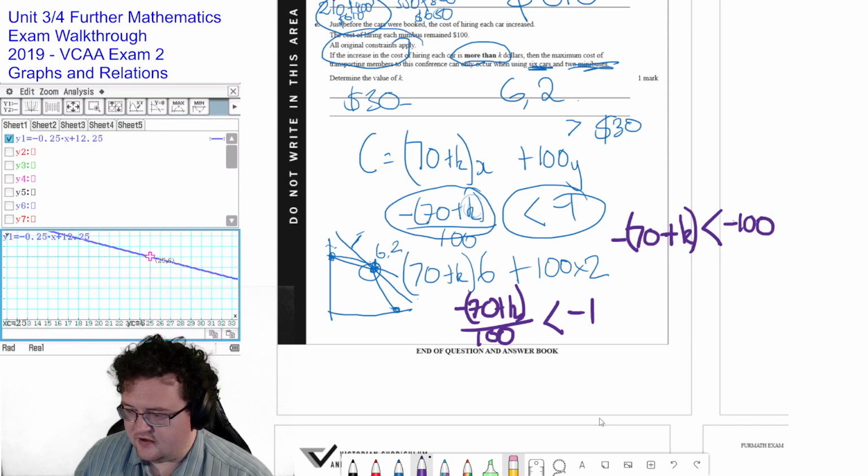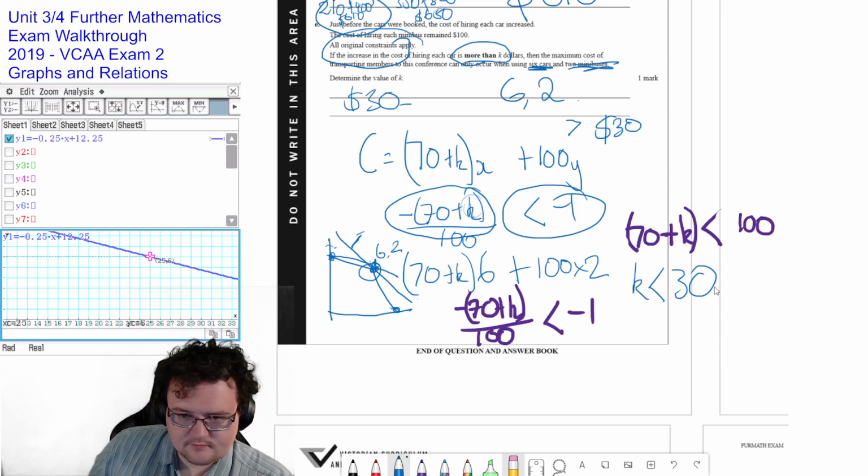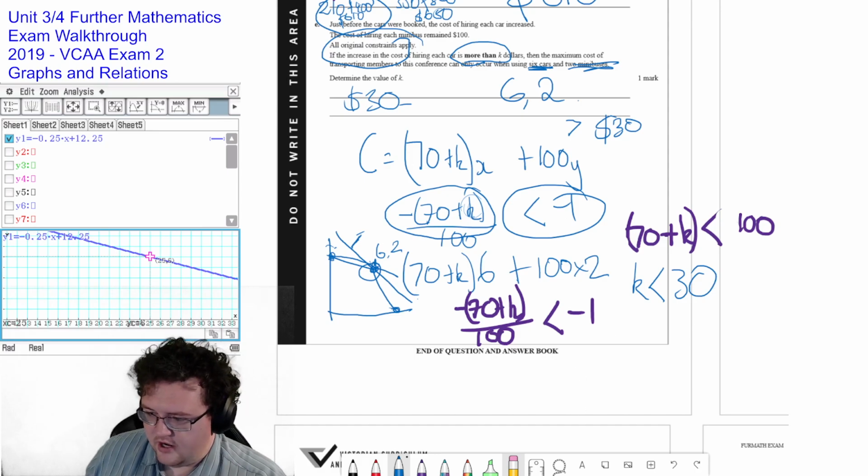A negative and a negative, they can drop off and cancel out. And you subtract 70 from both sides, K is greater than 30. Now, because I divided by -1, I also have to make sure that I flip the symbols around, which is what a lot of people forgot to do.